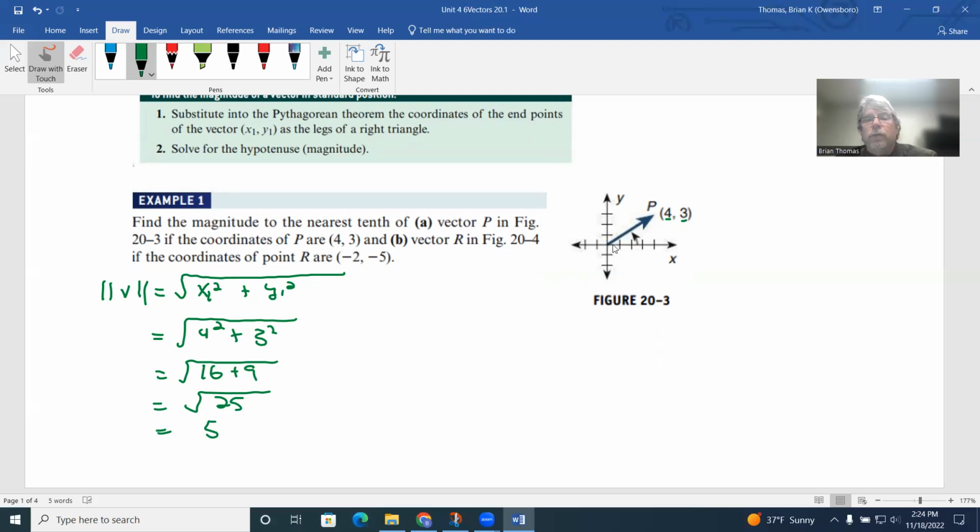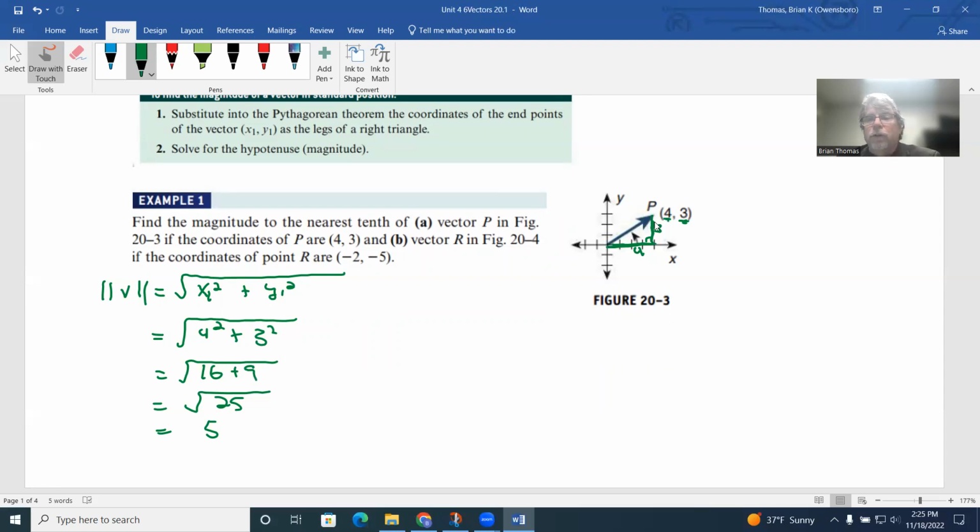Notice how, if we make a right triangle out of this, this side here would be 4, and this side here would be 3. So it's interesting that this ordered pair actually defines the legs of the right triangle. 4 would be one leg, and 3 would be the other leg. Remember, the legs are used to find the hypotenuse, which is the slanted line.